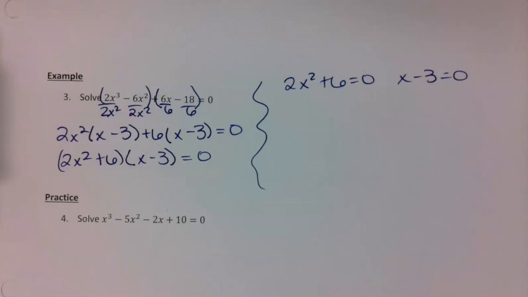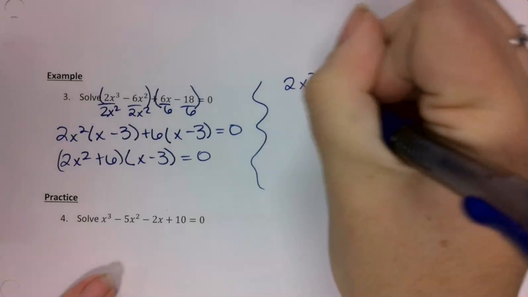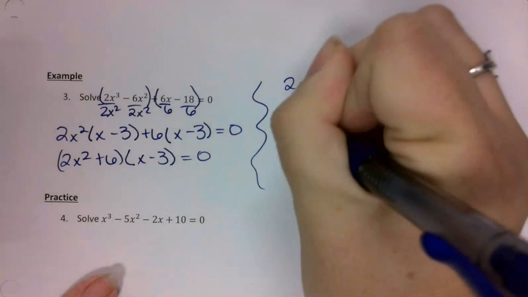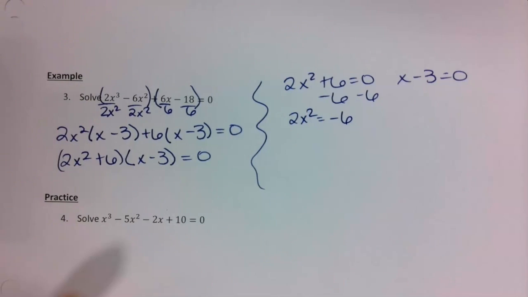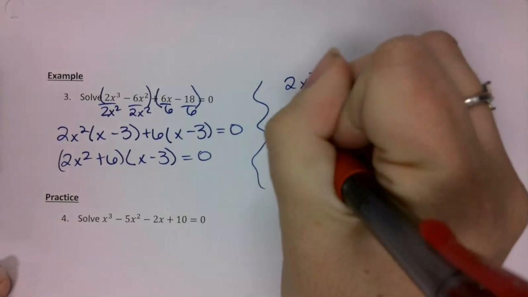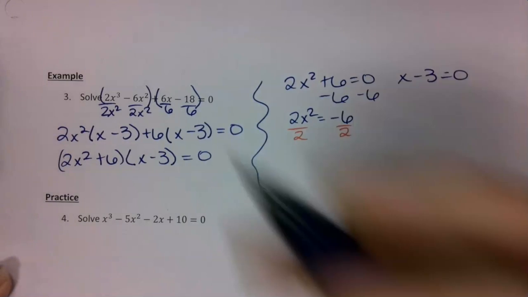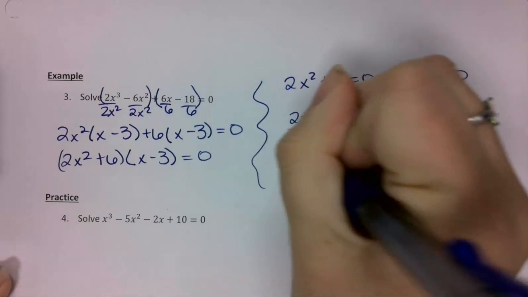Okay, so on the first one, I'm going to start off by subtracting 6 on both sides. So I get 2x squared equals negative 6. Then I want to go ahead and divide both sides by 2, which gets me x squared equals negative 3.